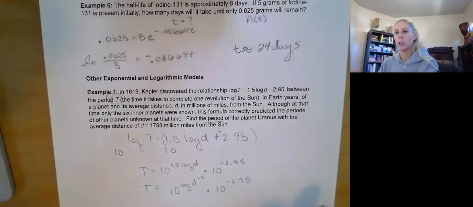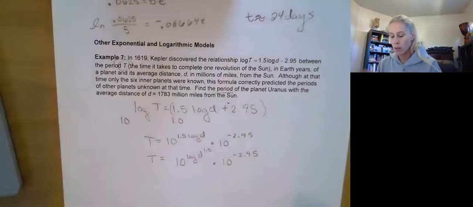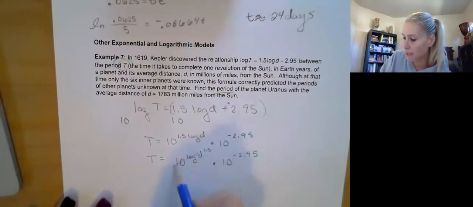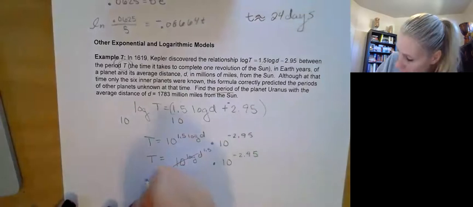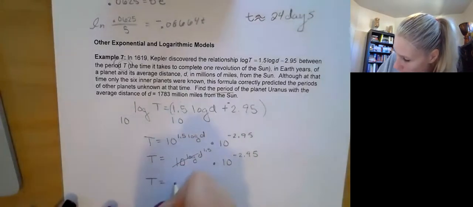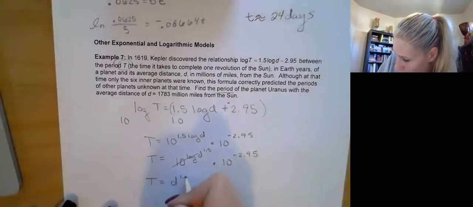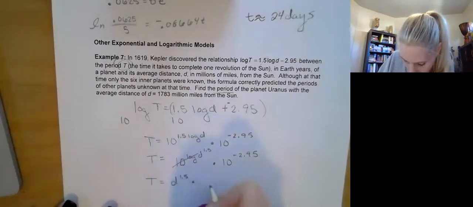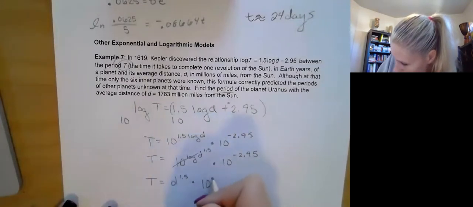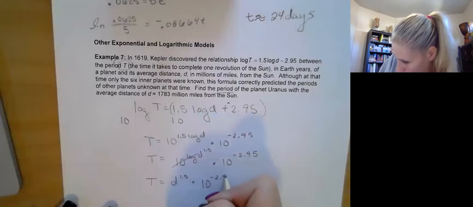Well, what did we just do? What helped us out there? Well, you can see log and base 10 cancel. So now I'm given t equals d to the 1.5 times 10 to the negative 2.95.